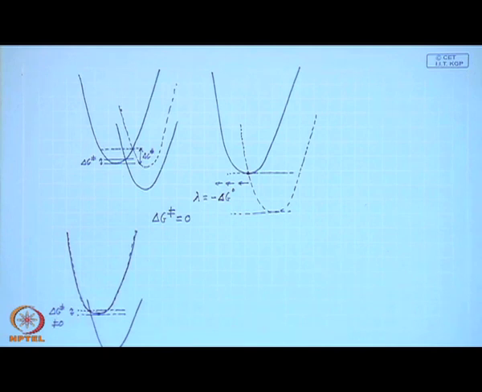I mean some delta G double dagger is there, it is not exactly equal to 0.